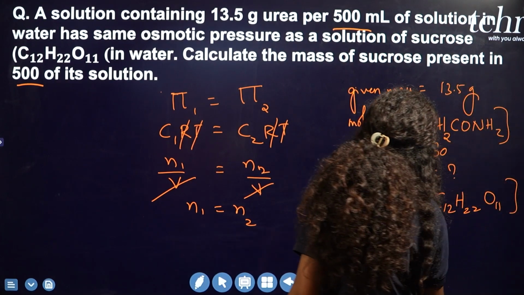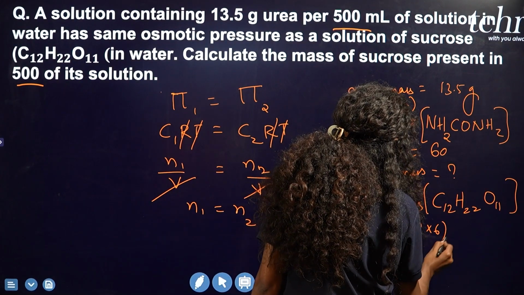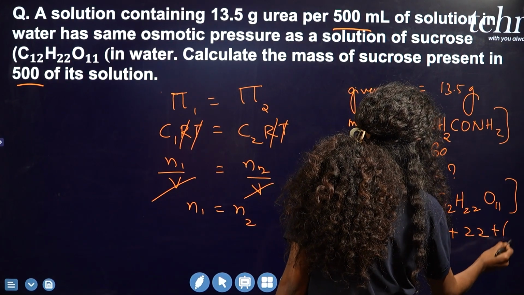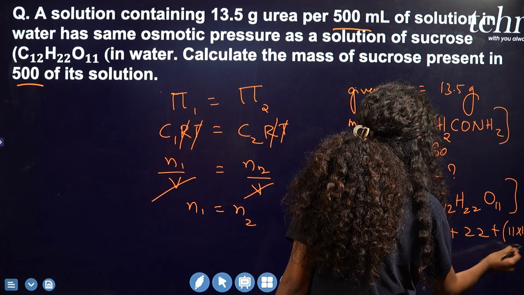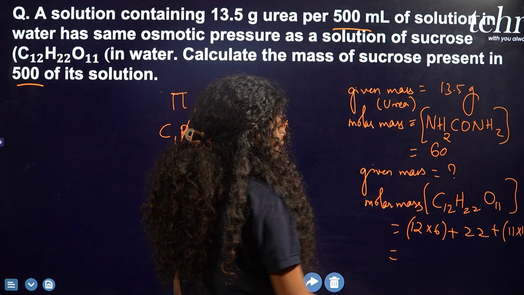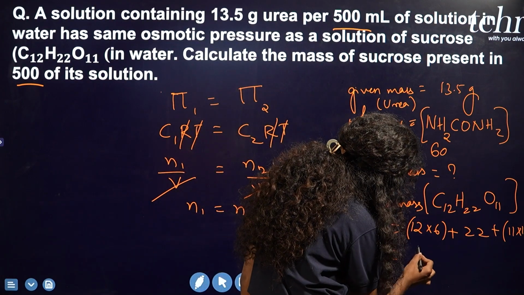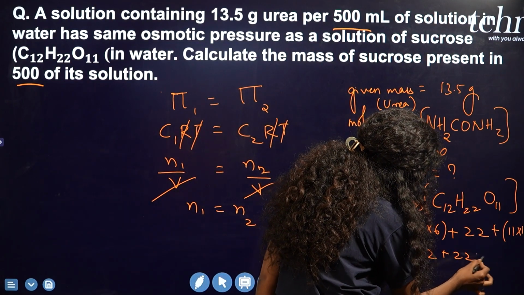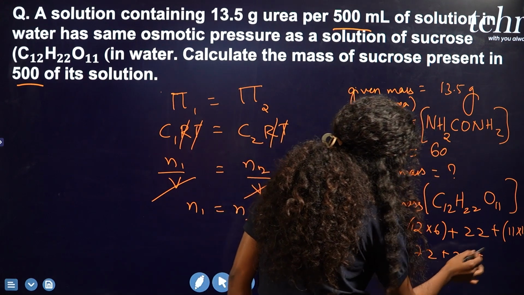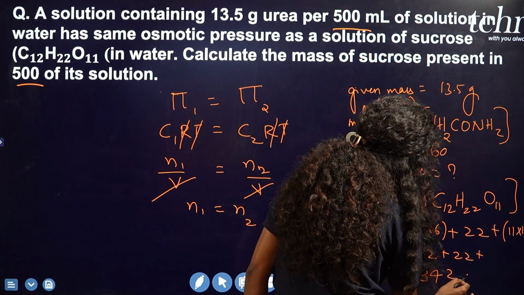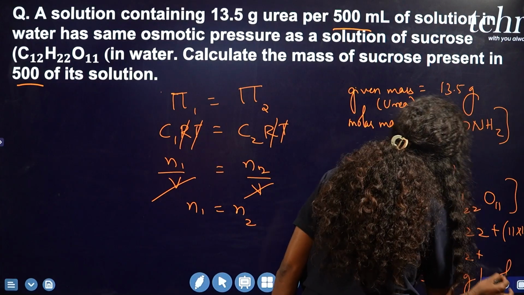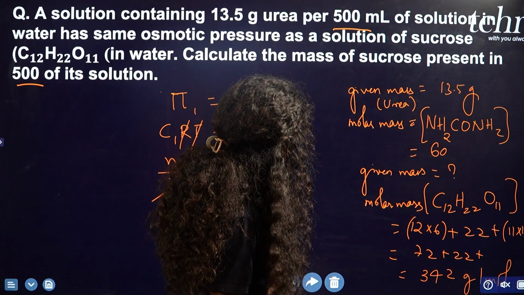It is 12 into 12 plus 22 plus 11 into 16. 12 into 6 are 72 plus 22, then you will get around 174. Total 342 gram per mole will be the molar mass of sucrose.